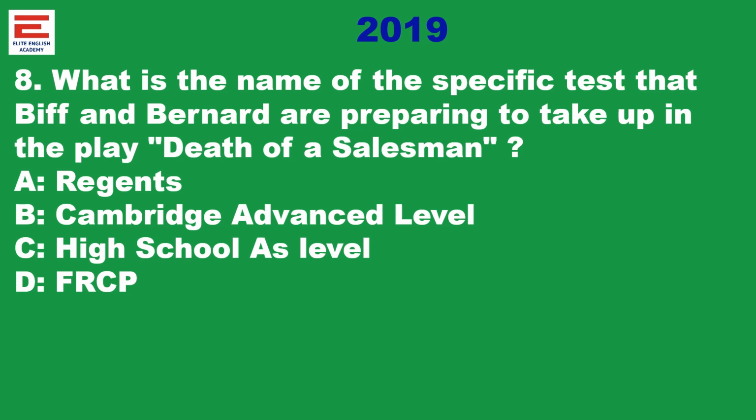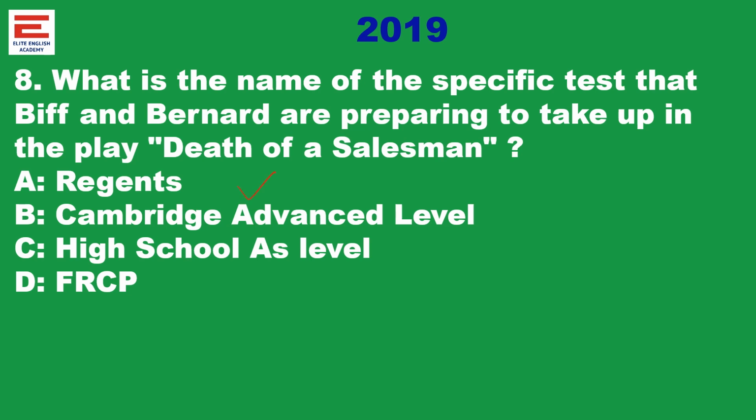By that time Willie becomes very angry at Biff and threatens to beat him. But at that time Linda, the wife of Willie, reminds him that Biff stole the football. So that is also one of the reasons why he is not doing it. Here the exact exam name is Regents.